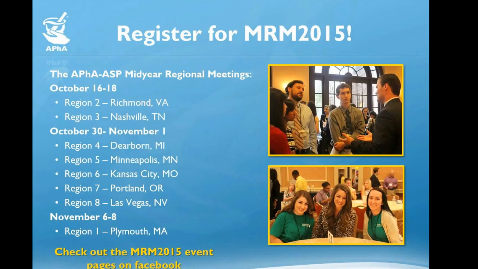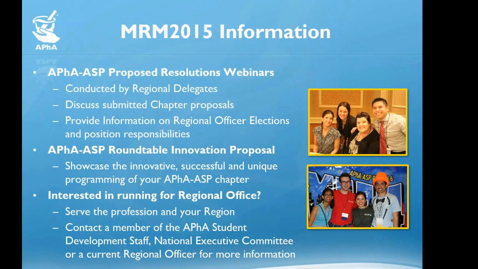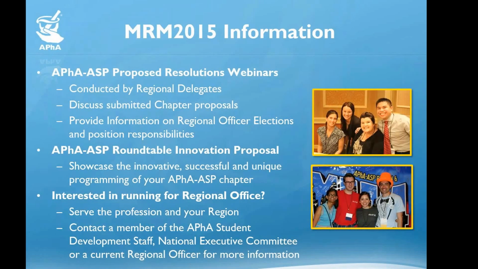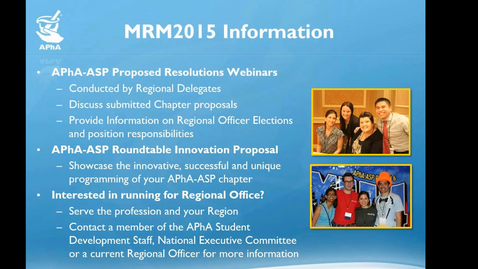And of course, if you haven't done so, register for MRMs. A lot of the MRMs, especially I'm told regions 2 and 3, do fill up very, very fast. So make sure you do register for those today on pharmacist.com. Some additional information about MRMs. There will be some webinars that will occur most likely in September, mid to end of September. They'll be conducted by the regional delegates, and it'll give you an opportunity to discuss proposals that have been submitted by chapters already and provide information about officer elections and other things that will be happening at MRMs.